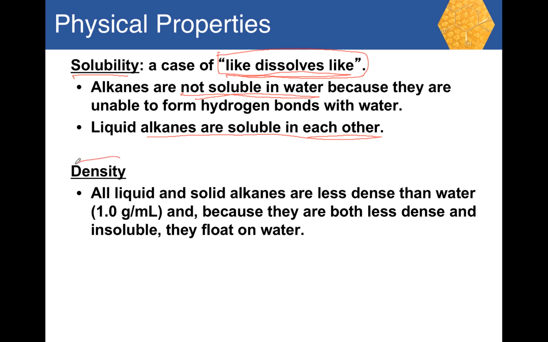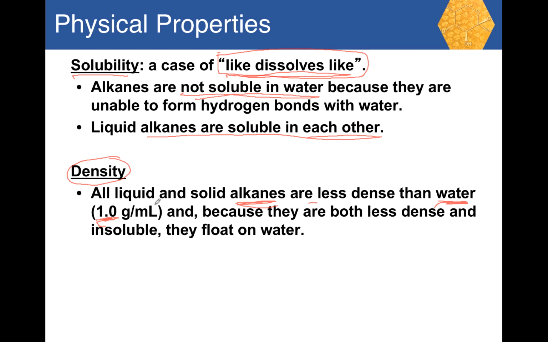The density. Of course, as you know, density is a measure of the mass per unit volume. Alkanes tend to have density less than 1. So alkanes have densities that are less than 1. Why are we using 1? Because water, as a reference point, has a density of 1.